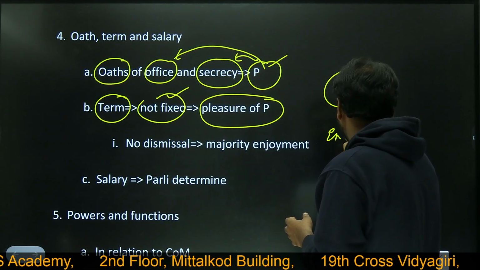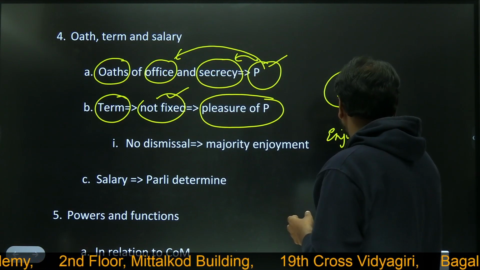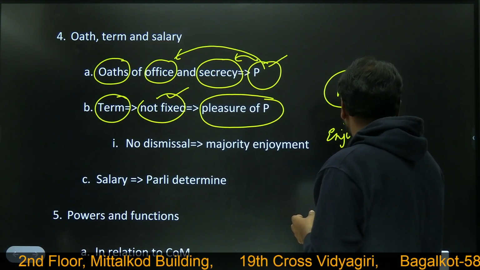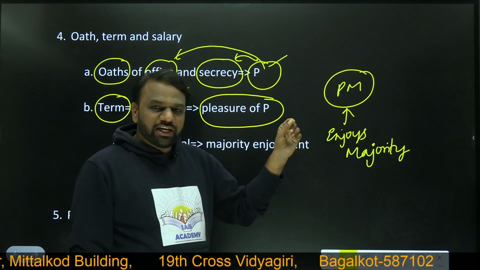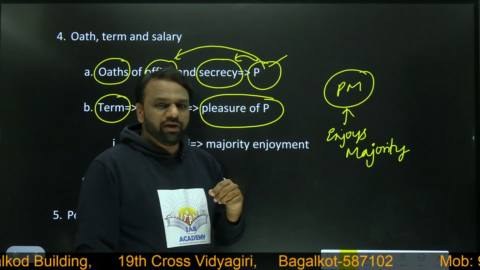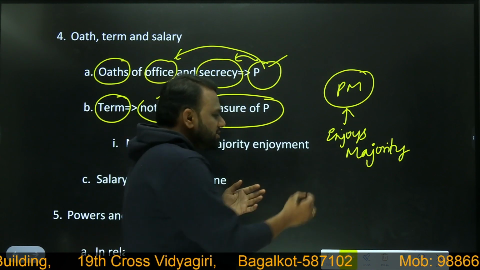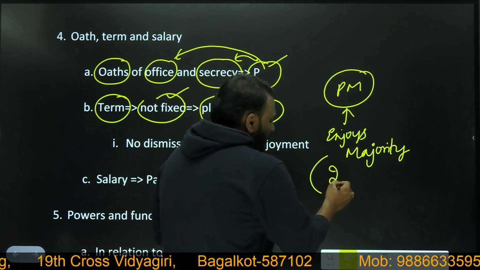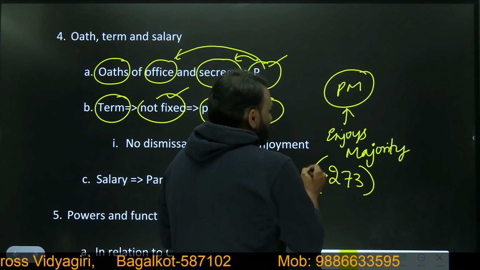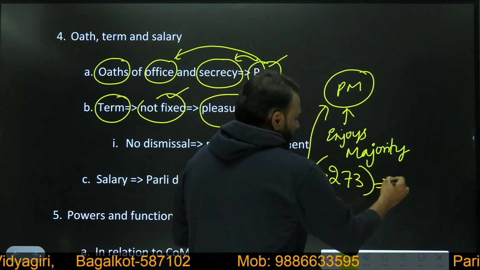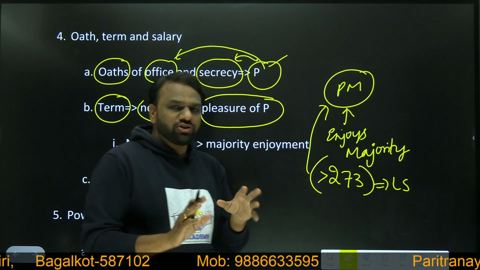Until prime minister enjoys majority, president will be happy. So what is that enjoy majority? It means in Lok Sabha, more than or equal to 273 members should support prime minister. Okay, in Lok Sabha. Here Rajya Sabha does not make a difference.